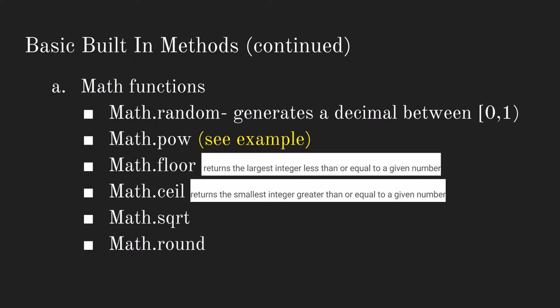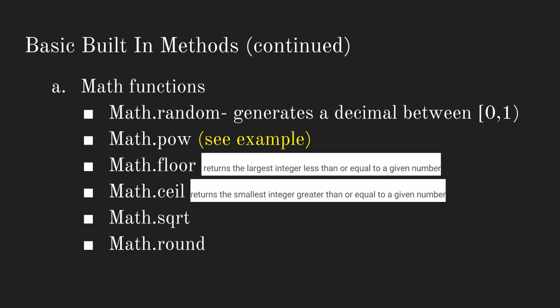There's also math.floor, which returns the largest integer value that is less than or equal to a given number. So if I were to say math.floor and then in parentheses a number such as maybe 6, then that would return the closest value to the largest value that is less than or equal to that number.